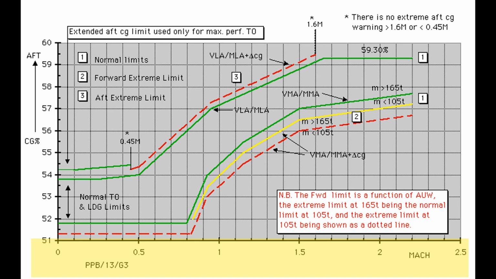And you'll notice something very interesting. As the speed of the Concorde increases, the center of gravity has to move backwards in the aircraft in order for the aircraft to remain in the normal flight envelope. It cannot move outside of those green lines that you see.